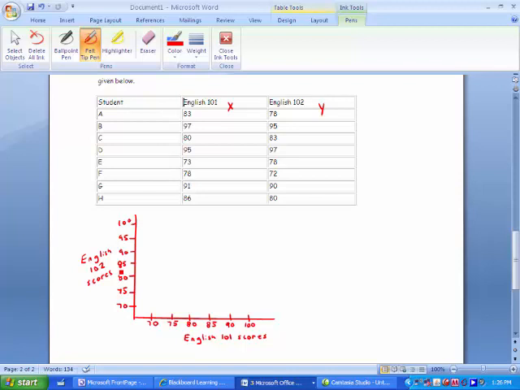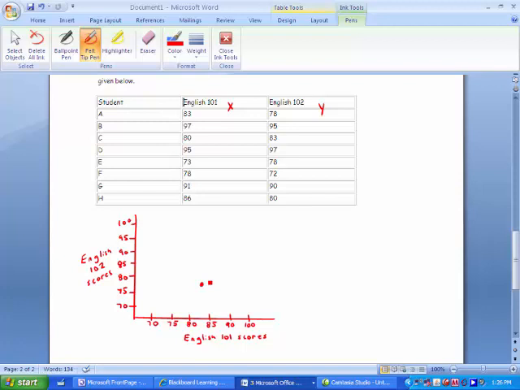For each student, we'll look at their 101 and their 102 grade and plot a point to indicate that grade on the scatter plot. So student A had an 83 in English 101 and made a 78 in English 102. And so that point would be maybe right about here.